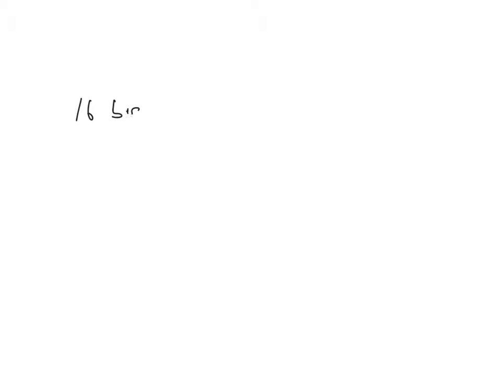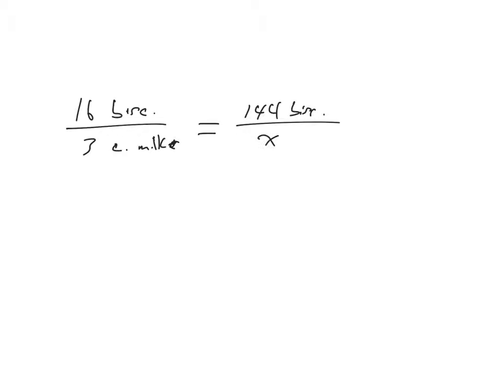16 biscuits is to 3 cups of milk as 144 biscuits is to X cups of milk. So if you don't mind cross multiplication problems, this is what the algebra really is doing here.